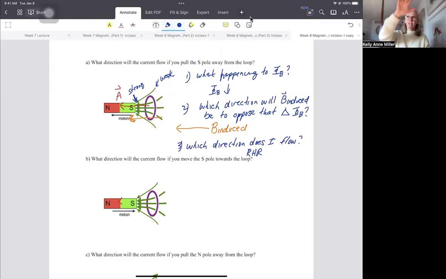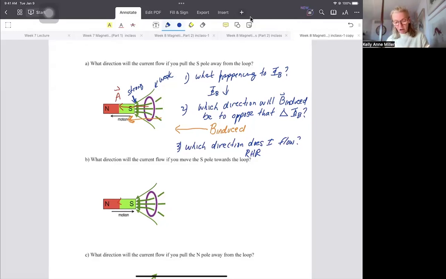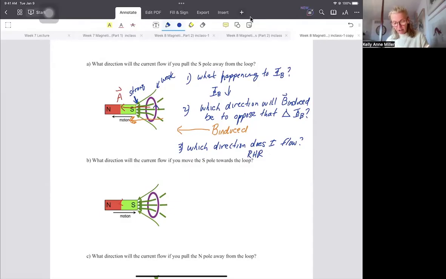And so it's going to be going into the page, which I find very difficult to draw on these kinds of diagrams because it's not clear when you look at this circle which part of the loop is in the front and which is in the back, but it's basically going into the page here and out of the page down there.